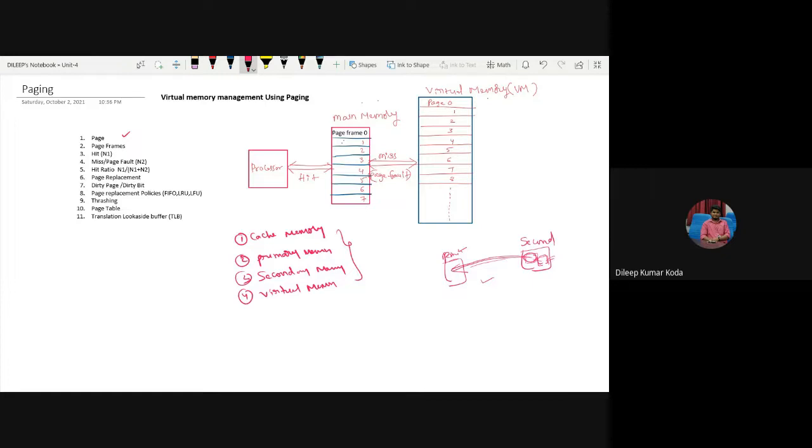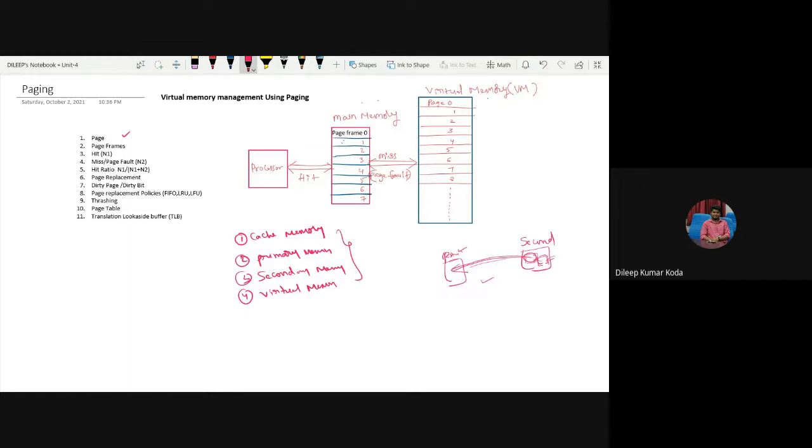So you divide the entire file into small parts, and those parts are called pages. That's all about paging or pages. So you divide the file into small parts called pages.